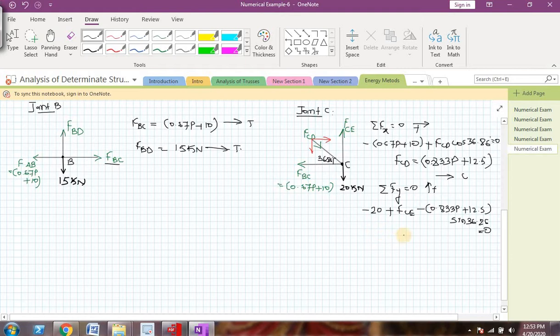When I solve this, the only unknown is FCE. I will get the value of FCE as 0.5P plus 27.5. This also I'm getting as positive. It means my assumption of tension is correct.